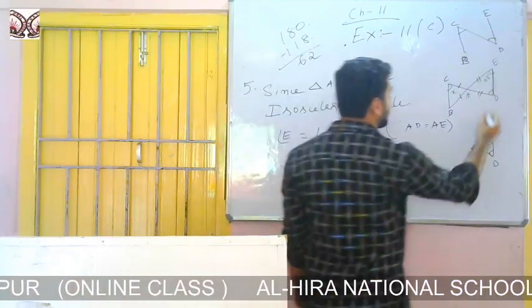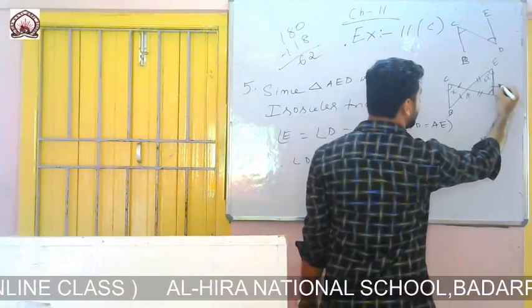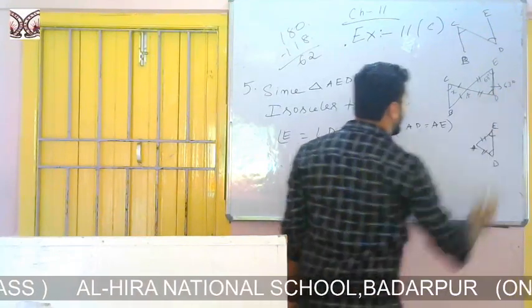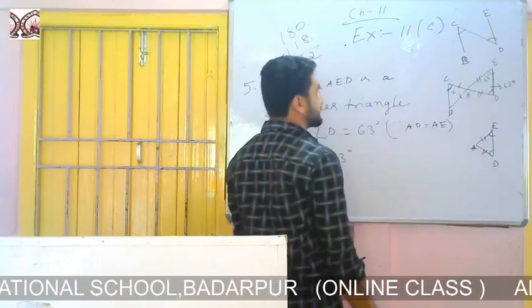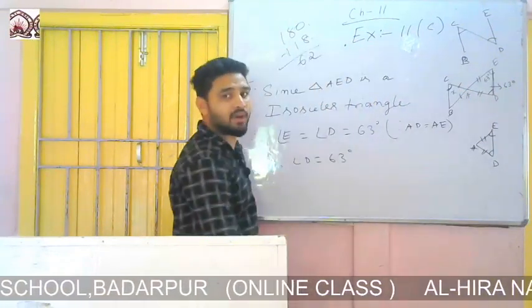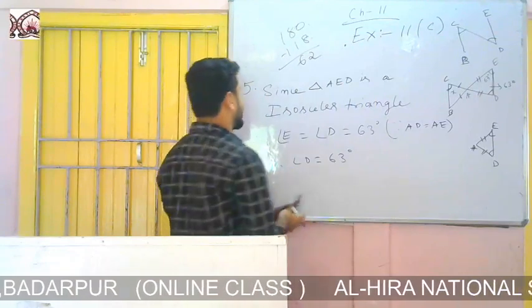So if the measure of angle D equals to 63 degree, then obviously the measure of angle C will be 63 degree because they are alternate angles.